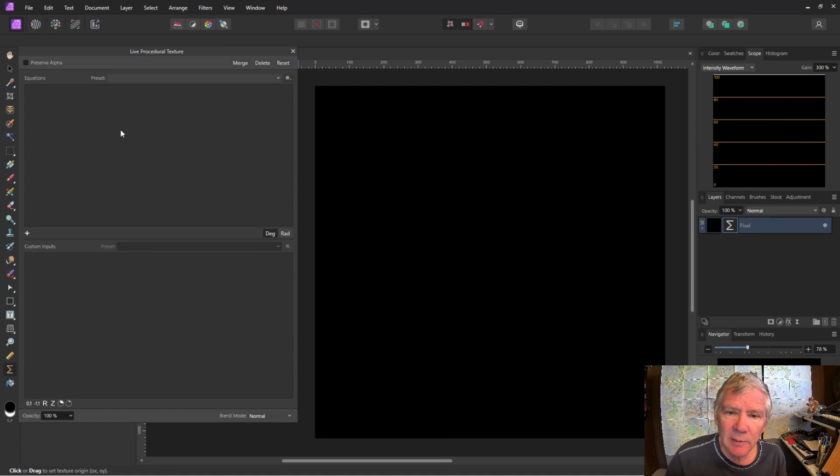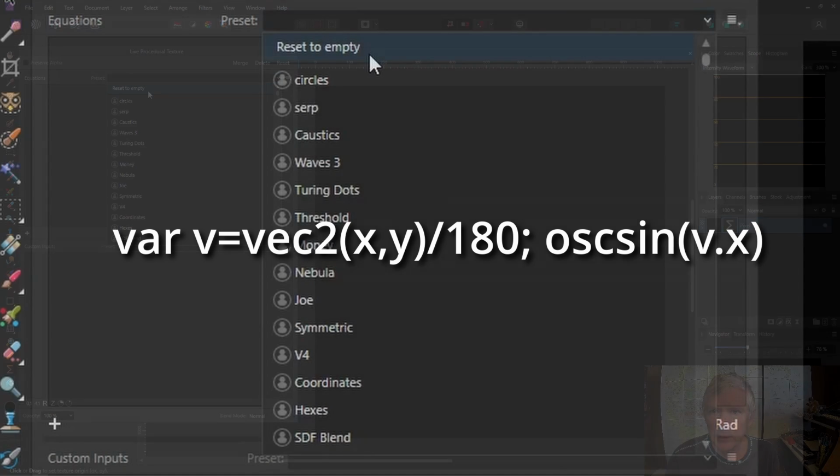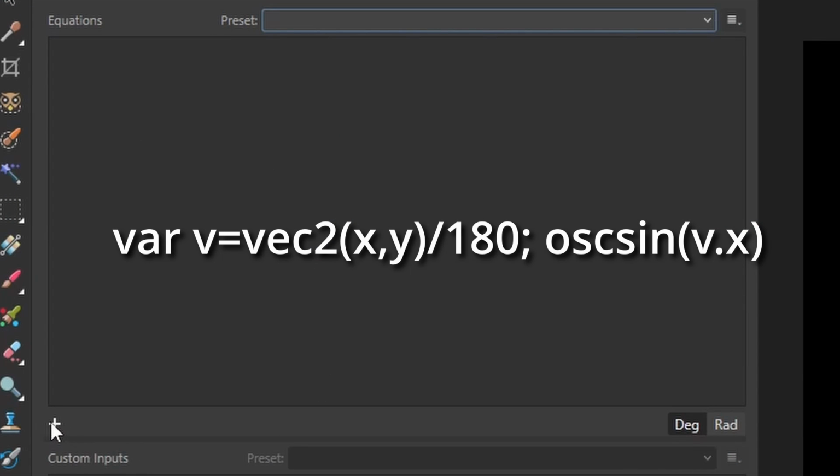All right, I want to cover one last thing. And so I want to compare the oscillator sine function to the sine and cosine functions. So let's look at that. So I'm going to set my equation to empty again and add a new equation.